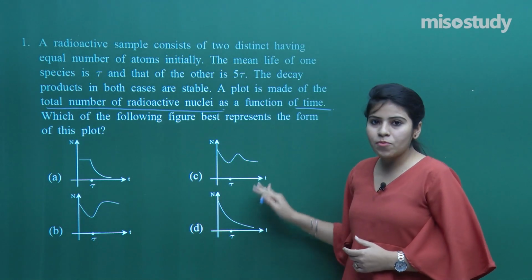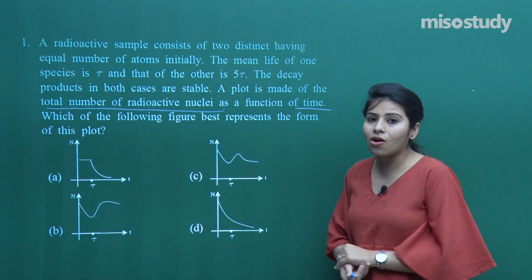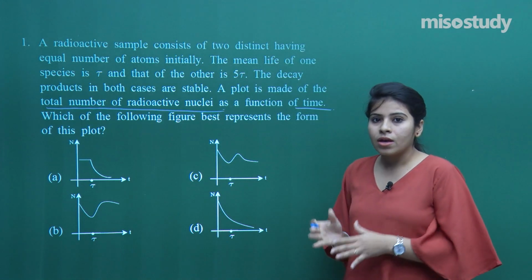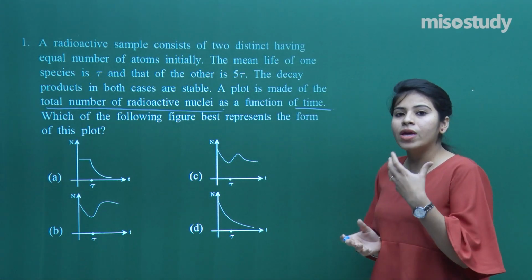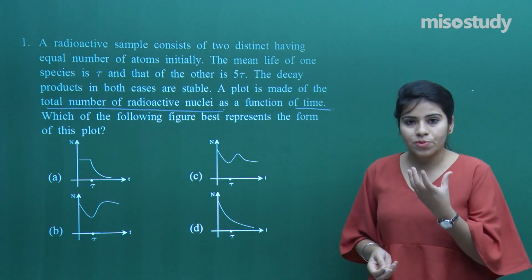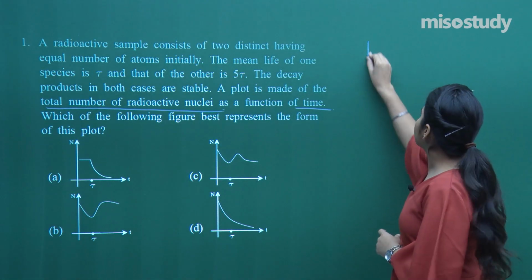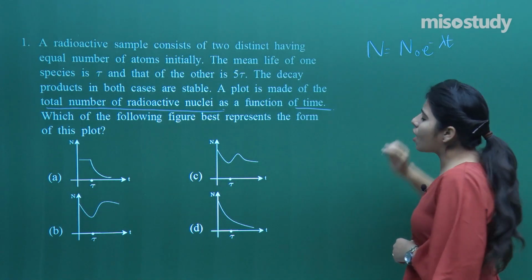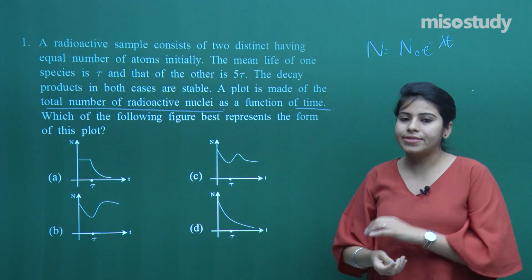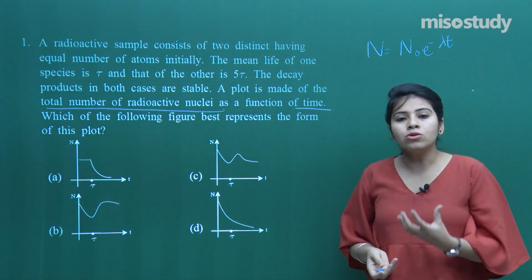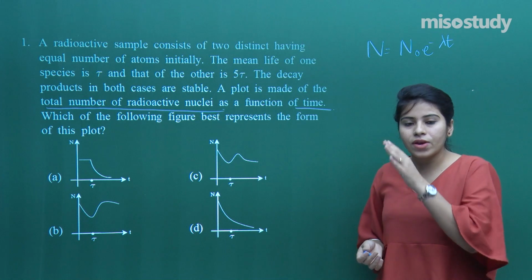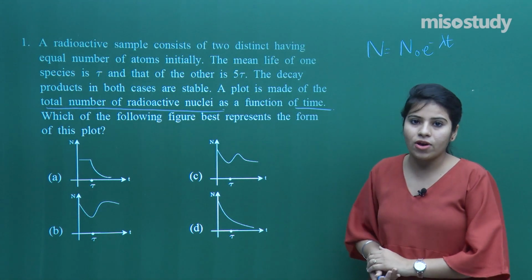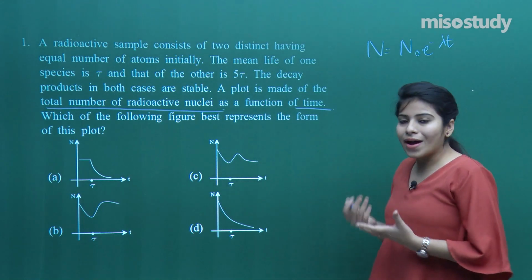We have to tell which figure is the best figure according to the situation given in the question. We know that if we have a radioactive substance before us, it is definitely going to decay after some time interval T. We also know that after one half-life, it becomes half of the initial amount of radioactive nuclei.